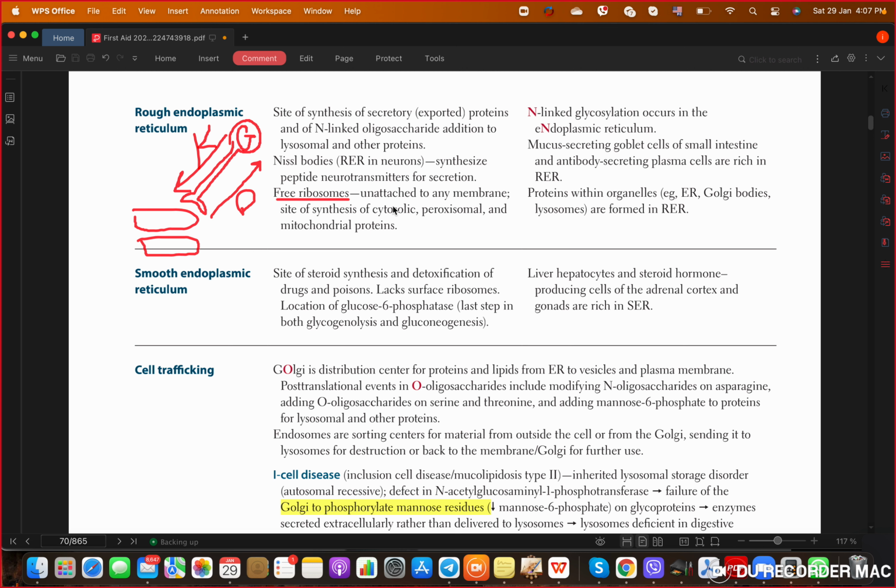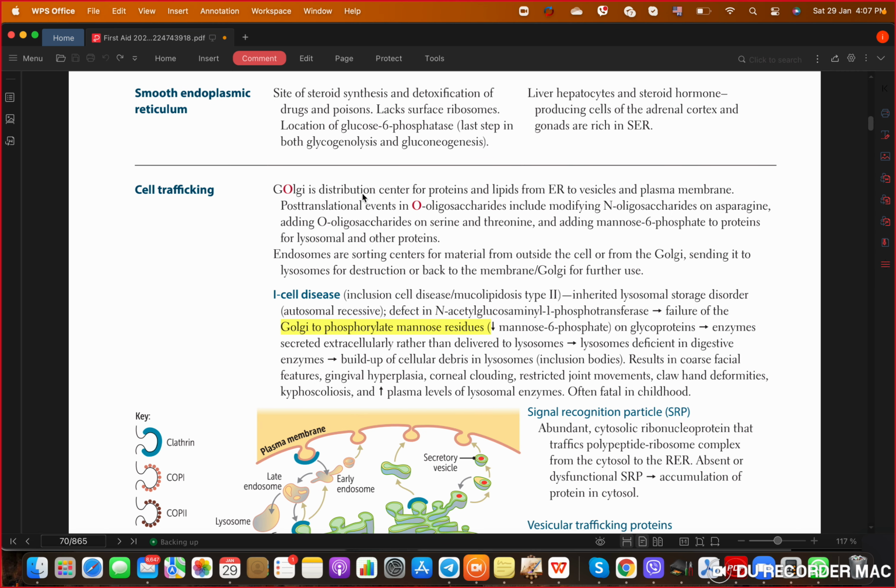Free ribosomes unattached to any membrane are the site of synthesis of cytosolic, peroxisomal, and mitochondrial proteins. So they can make so many other things, yeah? So the next portion here, we have N-linked glycosylation that can occur in the endoplasmic reticulum, which will help to... basically, how do you say that?